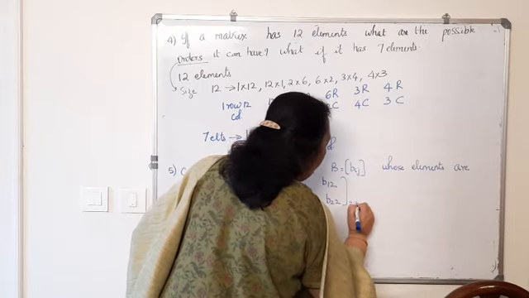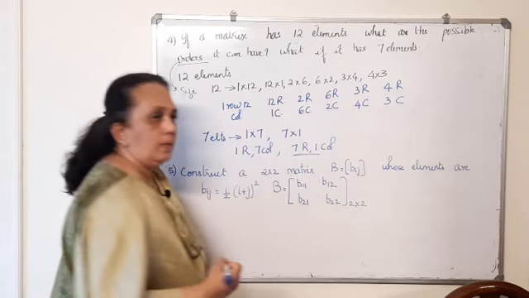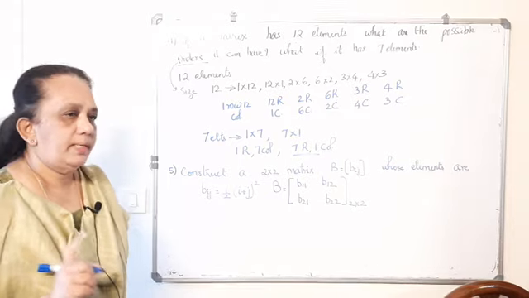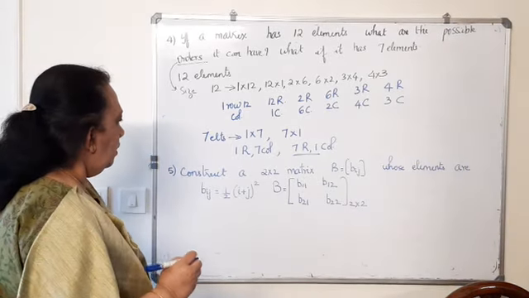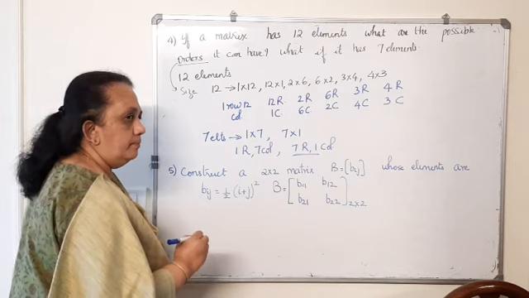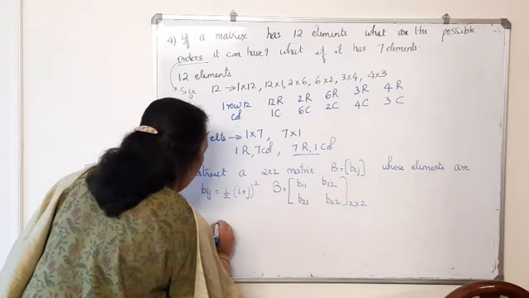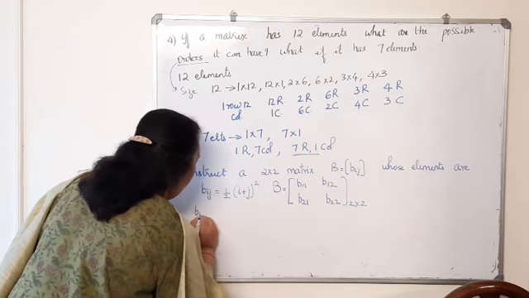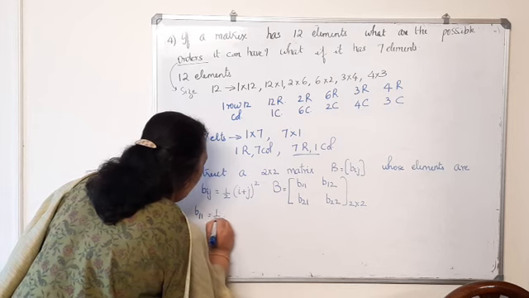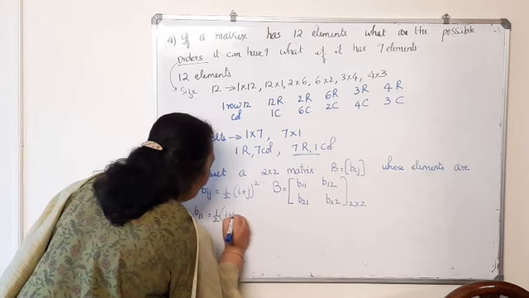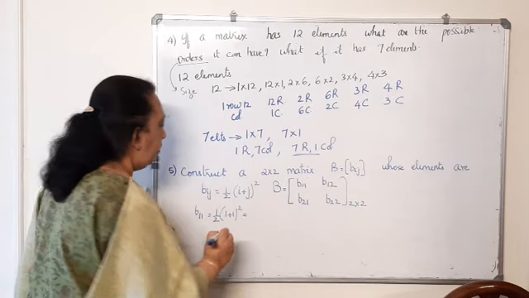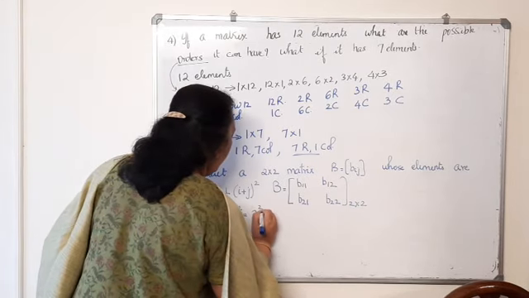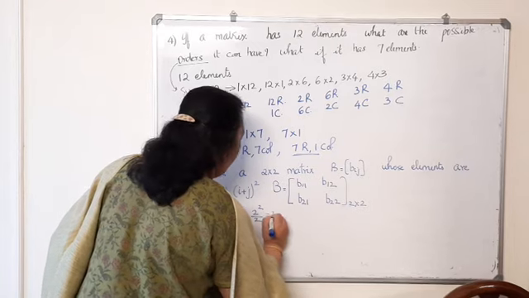It is a 2 by 2 matrix. Write down B11. What is B11? B11 is equal to 1 by 2 into (1 plus 1) the whole squared. 1 plus 1 the whole squared is 2 squared by 2, which is equal to 2.